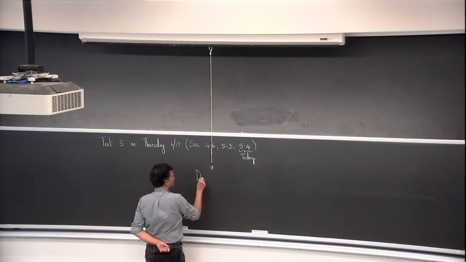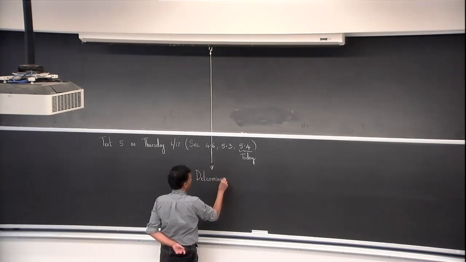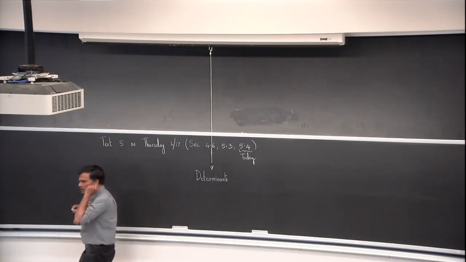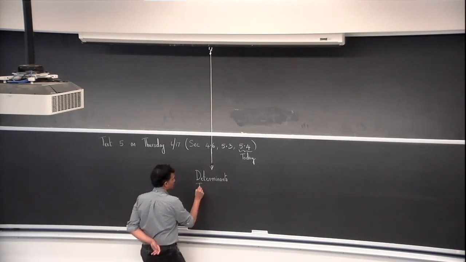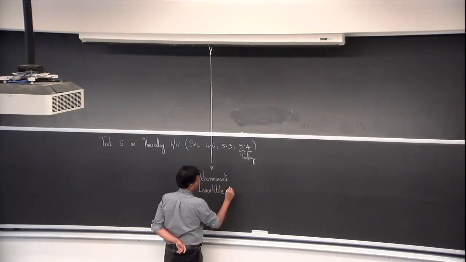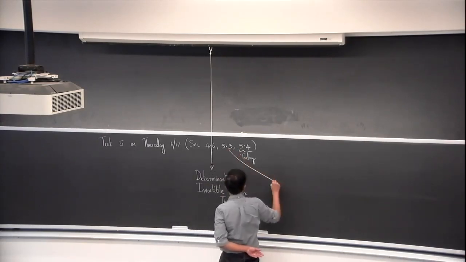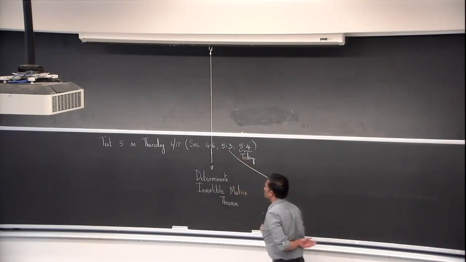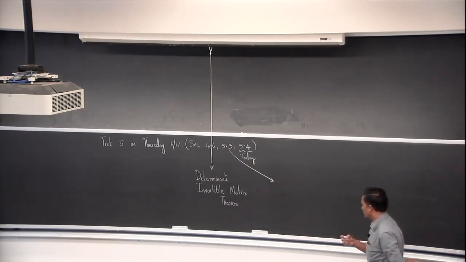This was about determinants and the invertible matrix theorem. And we did 5.3. The topics that we need for test number 5, we did yesterday.